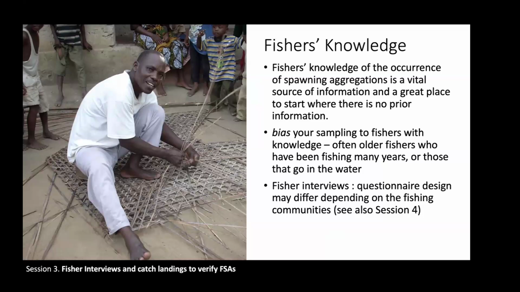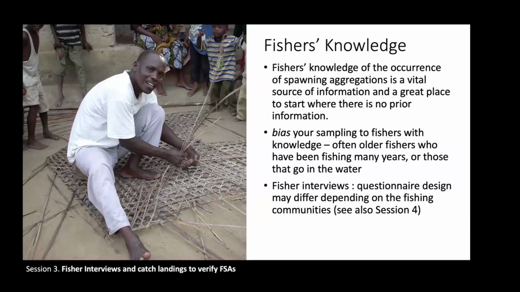Talking to fishers and using questionnaires involves several ethical rules of social science, of course, in terms of intellectual respect, rights, participation, consent, etc. You can learn more about that from the IUCN guidelines that Winston Cowie is going to be talking about in session 4. One thing to be aware of in such questionnaires, which are designed for one fisher at a time, is that you do want to bias your sampling in choosing your fishers.